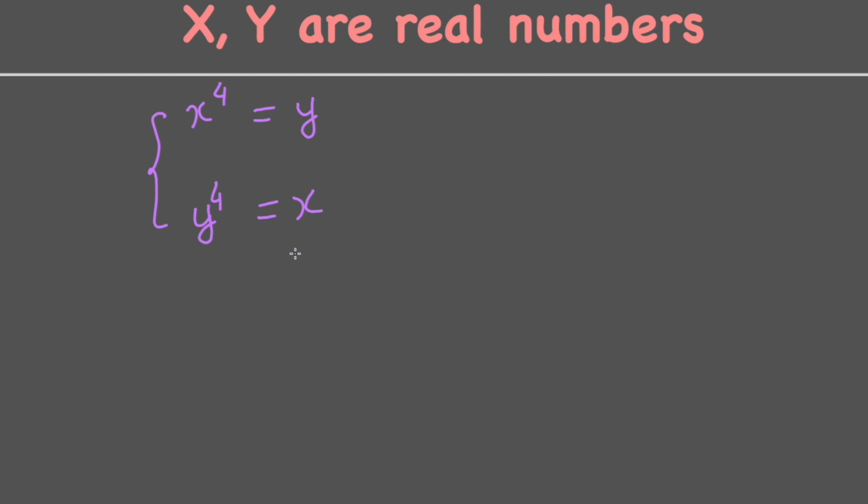Thinking about the method, the first method is a very direct one. We call the first equation 1 and the second equation 2. We just replace x in equation 2 into the x of equation 1.